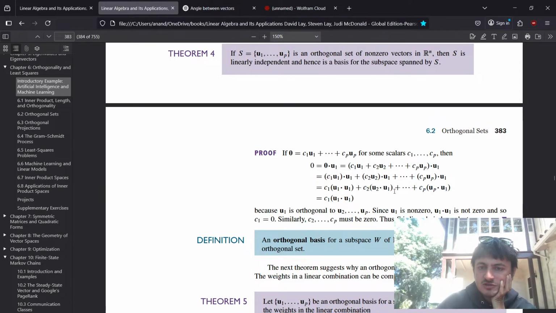We know that these all go to 0 because u1 is orthogonal to all of them.